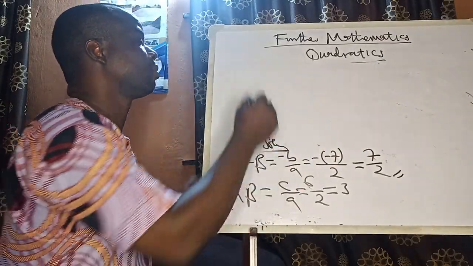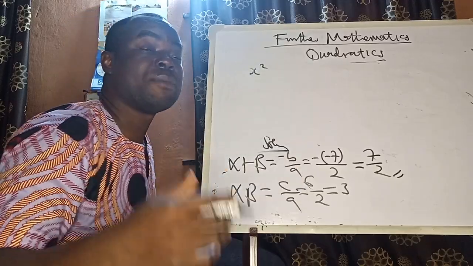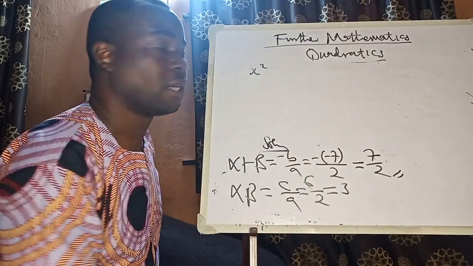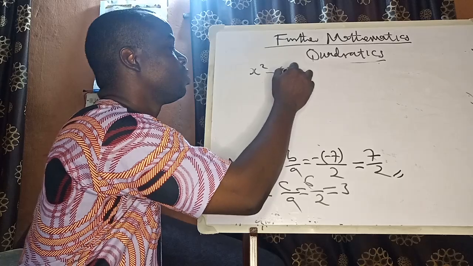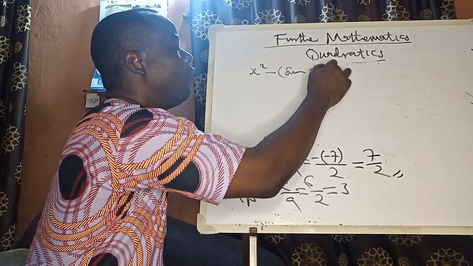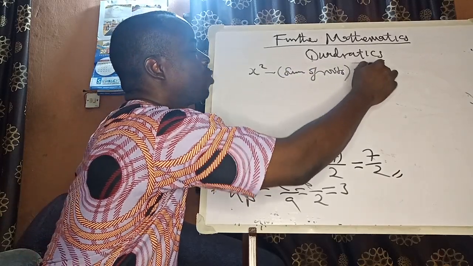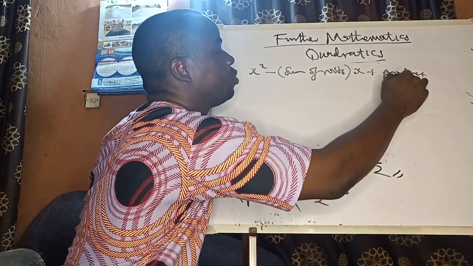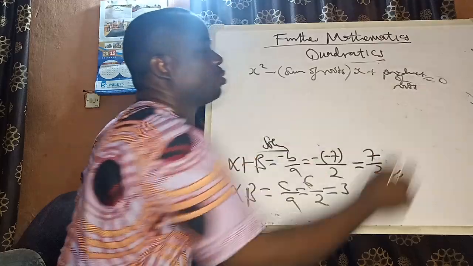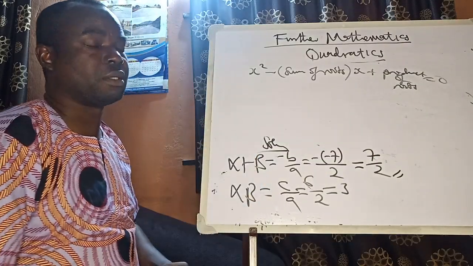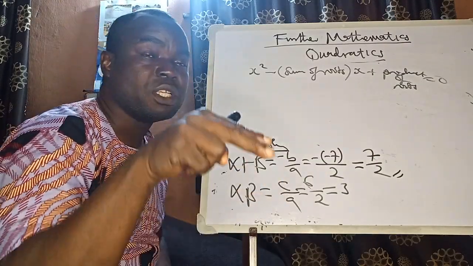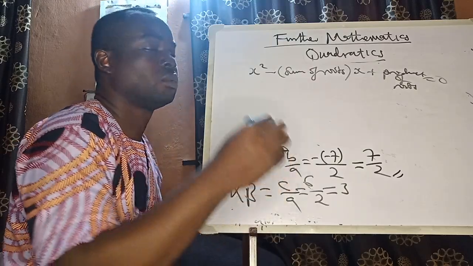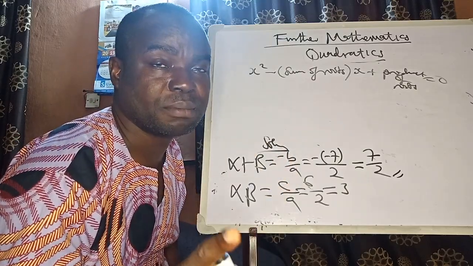The formula is x squared. Remember that anytime you are asked to construct an equation, the formula is x squared minus sum of roots plus product of roots is equal to 0. Take note. Now let's begin. The two roots we are given in this question to work with are 1 over alpha and 1 over beta.